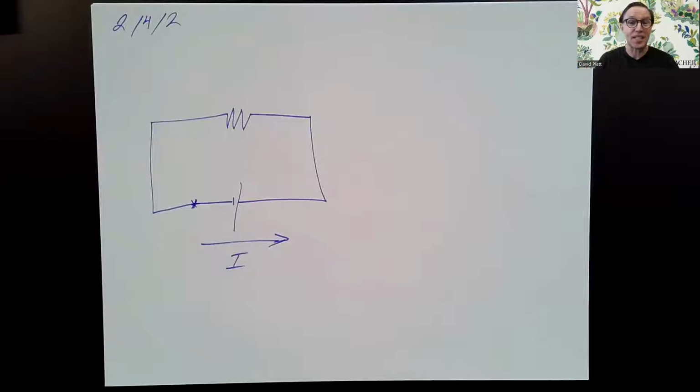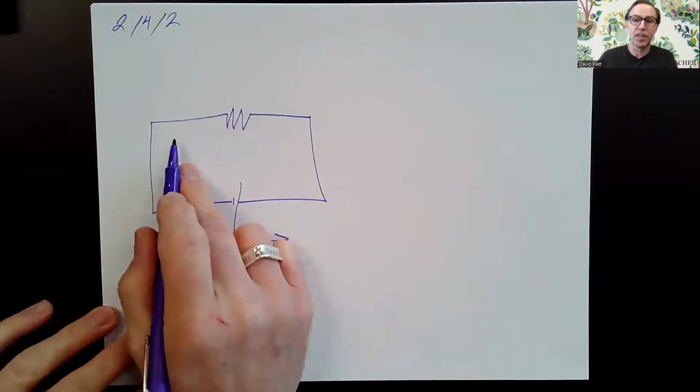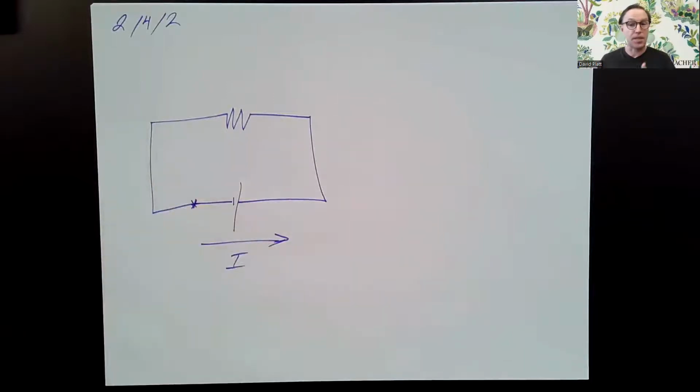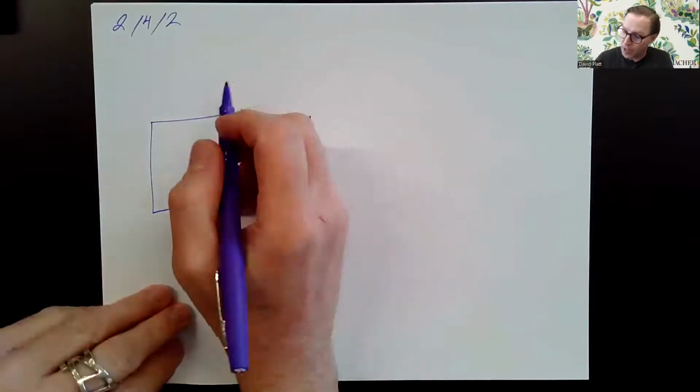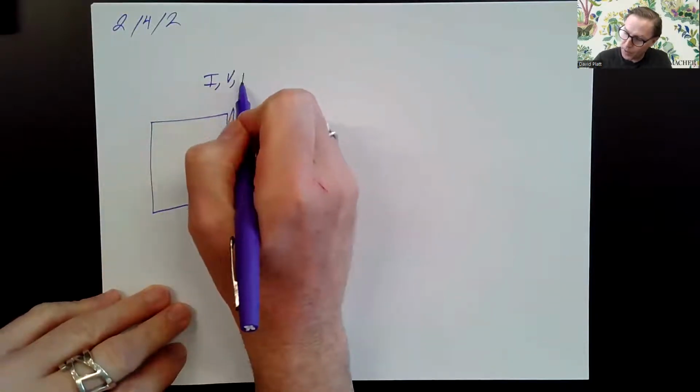Because the only thing that makes physics more fun is when we can talk about physics and grammar at the same time. All right, anyway, so the current through the resistor, the potential difference across the resistor, the resistance of the resistor are three things that we would love to talk about: current, potential difference, and resistance.